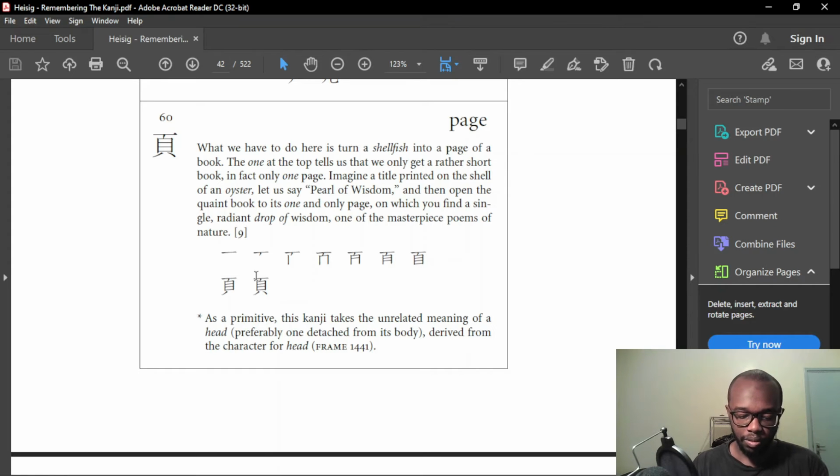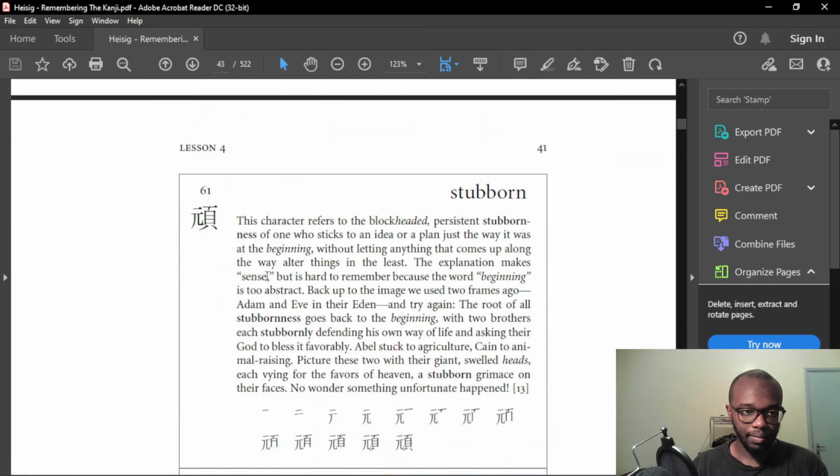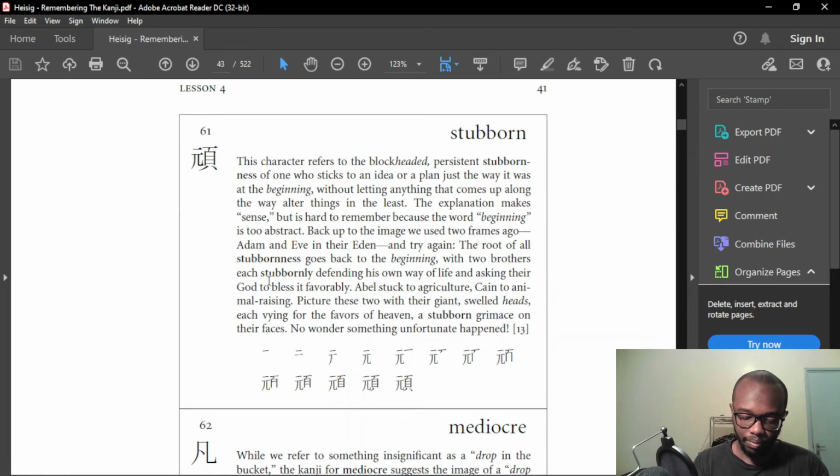Because now at this point you're using clam as shellfish. You should make it easier. And stubborn. It's becoming more complicated. Stubborn looks like this one is page just done, and this is beginning. So beginning of the page. Beginning of the page is stubborn-headedness. So this character will look like stubbornness.